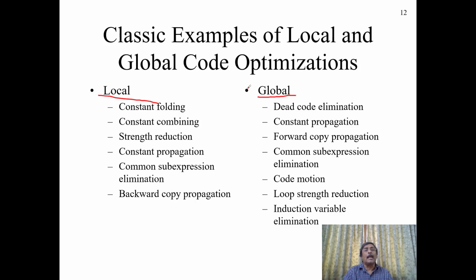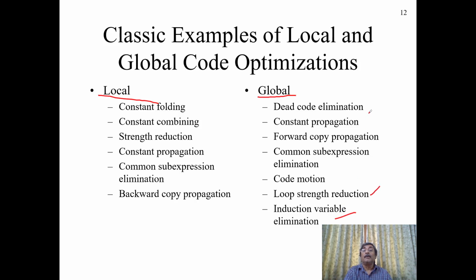Now, there are many types of optimizations: constant folding, constant combining, strength reduction, constant propagation, common sub-expression elimination, backward copy propagation, and very similar: constant propagation, forward copy propagation, common sub-expression elimination, code motion, loop strength reduction. This is new, for example. This is new: induction variable elimination.